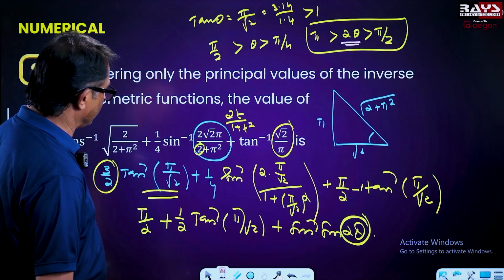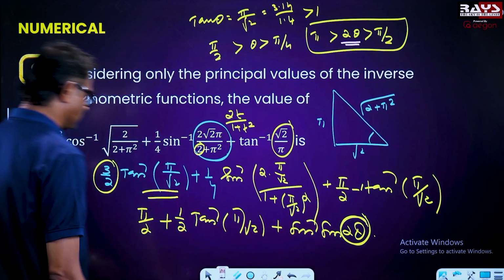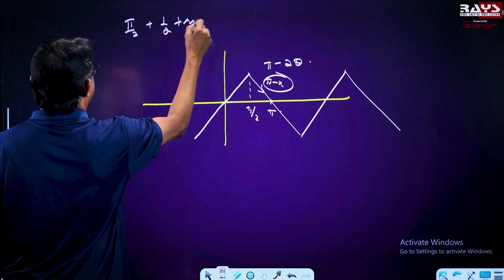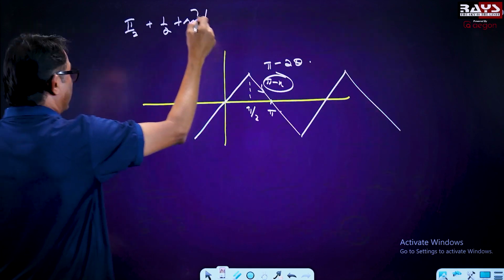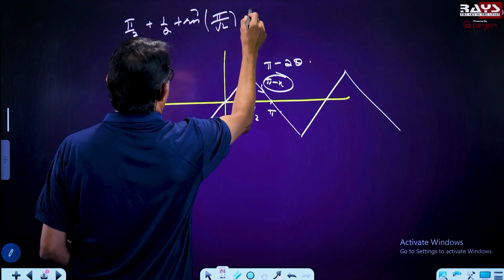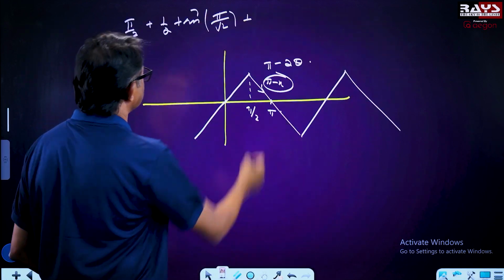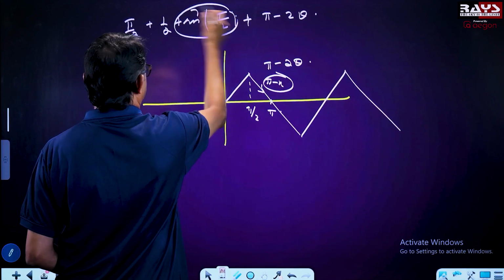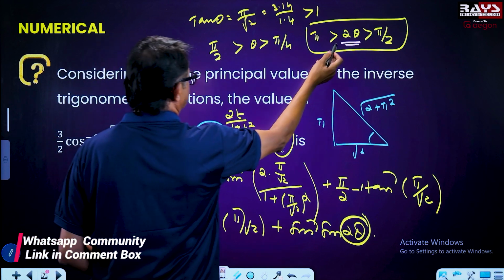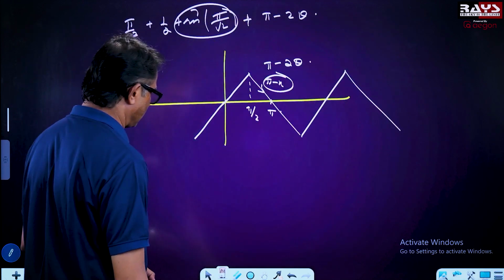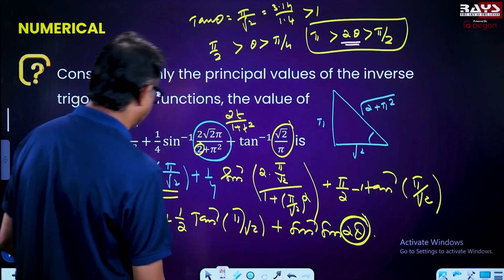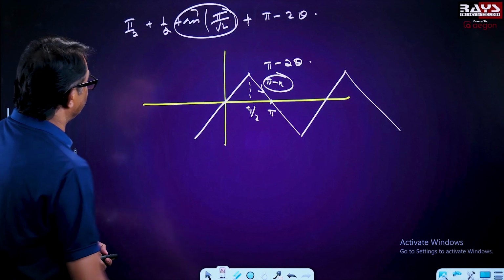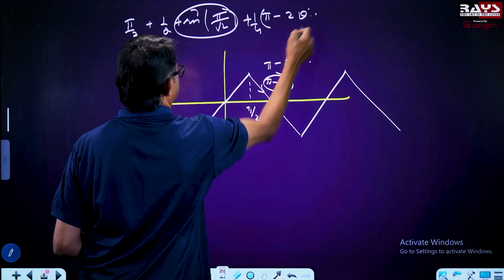So let me write it over here: pi by 2 plus half tan inverse pi by root 2 plus, and one more thing, I missed the 1 by 4 over here, 1 by 4 into pi minus 2 theta.